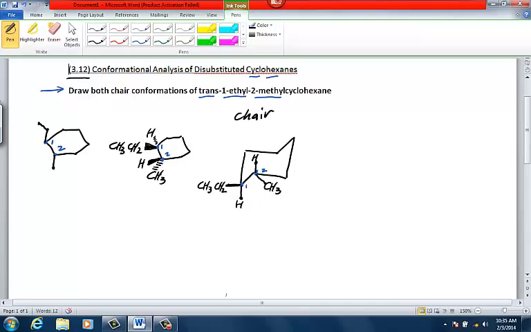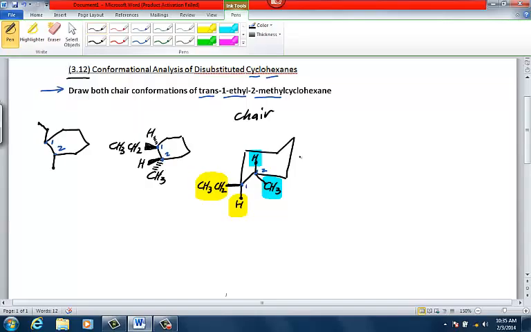So carbon number 1 has a hydrogen down, ethyl up. Carbon number 2 has a methyl down, hydrogen up, something like that. That's one of the chair positions.